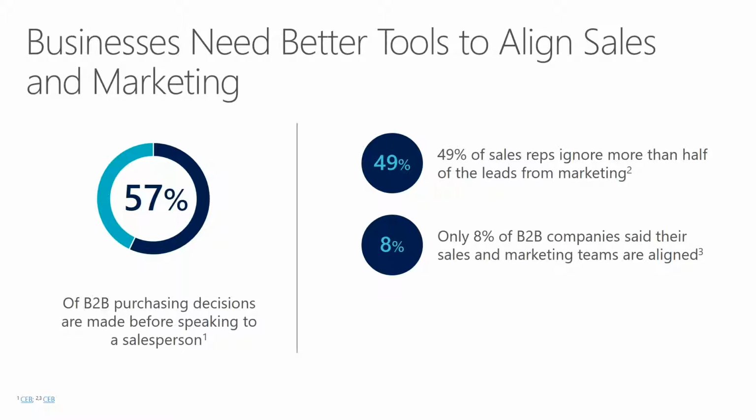Making the situation even worse is this other stat here that I'm sure a lot of people on the call have seen before, and this is so true: 57% of B2B purchase decisions are made even before speaking to a salesperson. You know the reason for this.